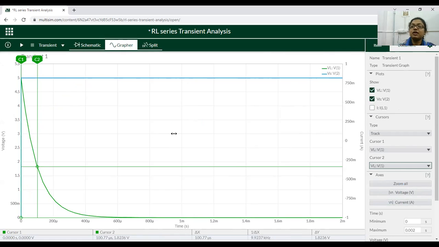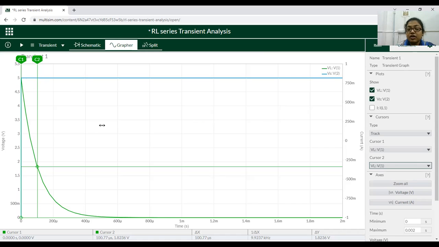Now VL is our tracking parameter of voltage. The voltage curve is the decaying curve. Initially its value is maximum, and then finally it reaches 0. The initial value you can see is 5 volt only.